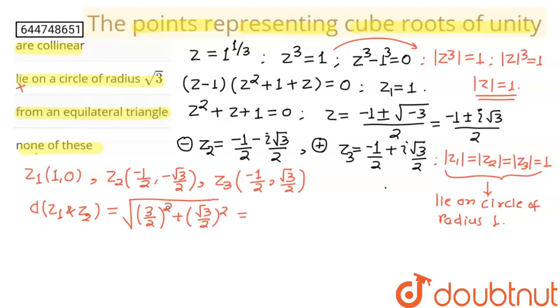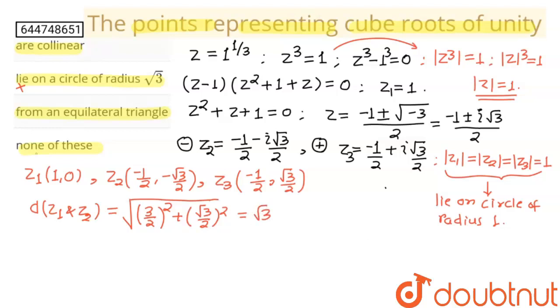This will become 9 by 4 plus 3 by 4, that is 12 by 4. This distance will become square root 3. This calculation was easy, that's why I have written root 3 directly.